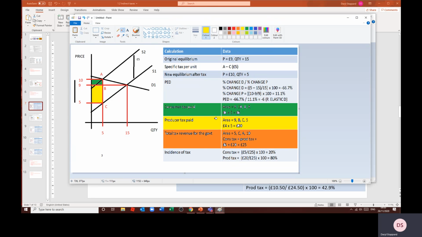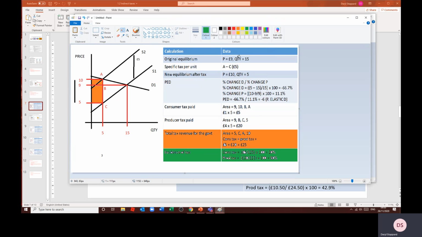They're going to pay 20 out of £25. So everyone remember, if you add together the consumer tax and the producer tax, we get the total tax paid in the market. Now again, the incidence of tax I can show by the bottom row in this table.